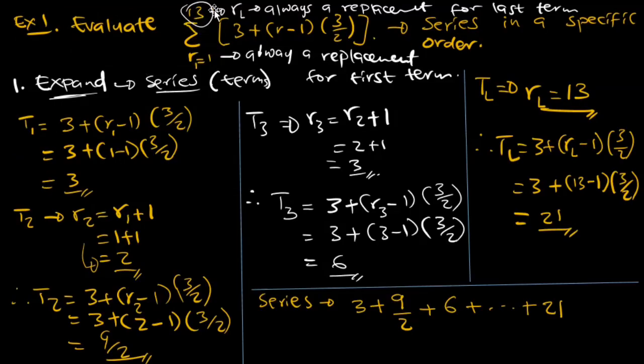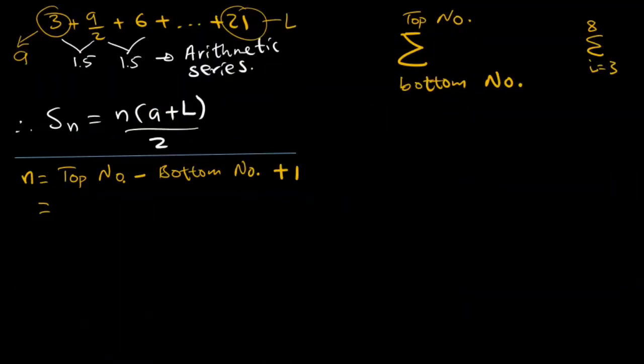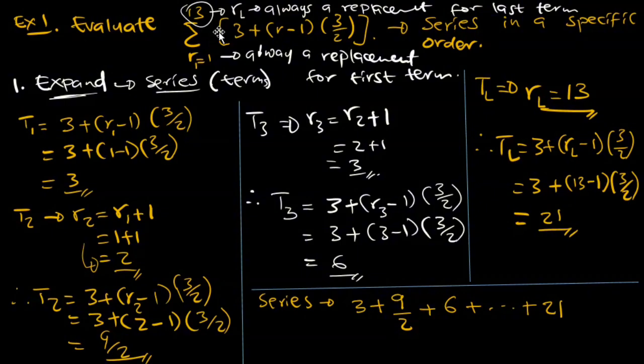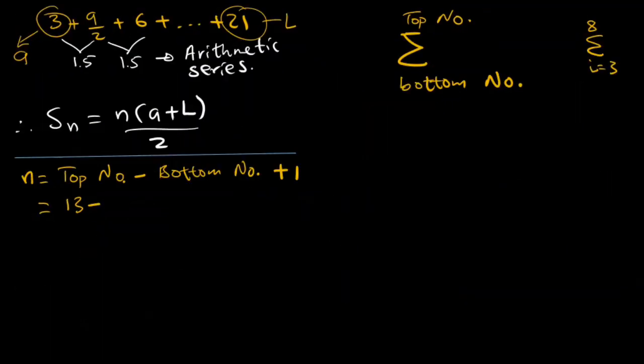So let's check what we have here. This is the top number and this is the bottom number. So the top number is 13 minus, what is the bottom number? The bottom number is 1. So it's 1, then plus that 1. So this is how you calculate the value of n, basically the number of terms.